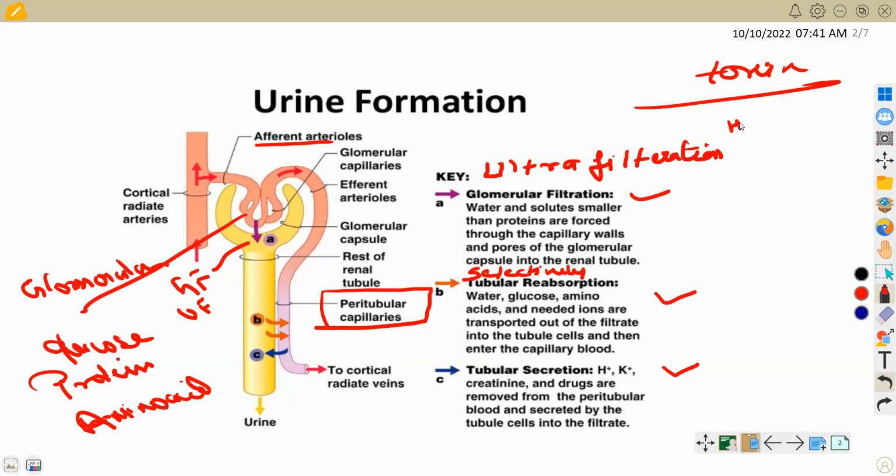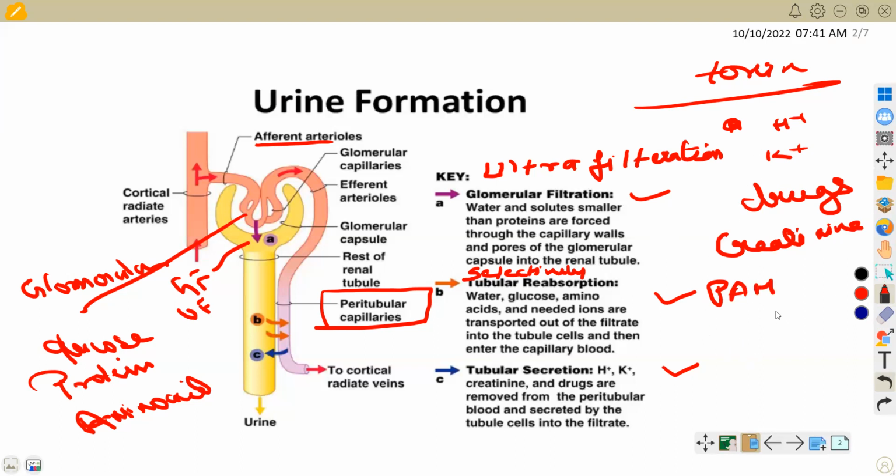That is H plus ion, and you can say K plus ion. Drugs need to be completely discarded out of the body once used, and you can say creatinine, and you can say para-aminohippuric acid. Okay, so these are the toxic waste. Toxic waste should be completely discarded out of the body and not at all absorbed.